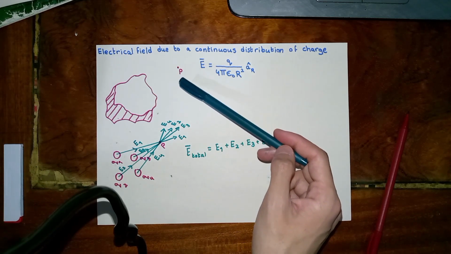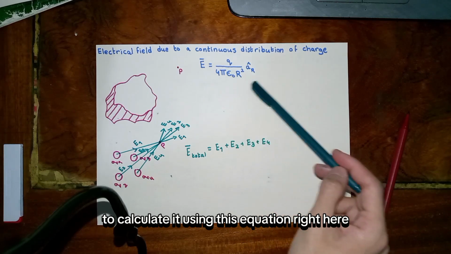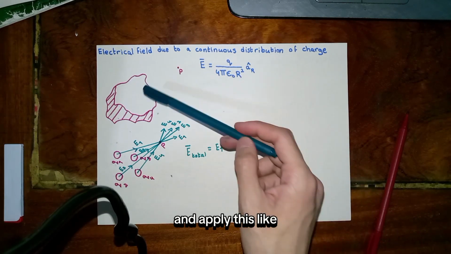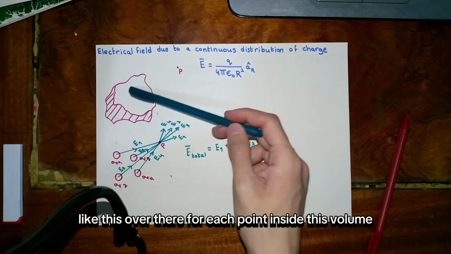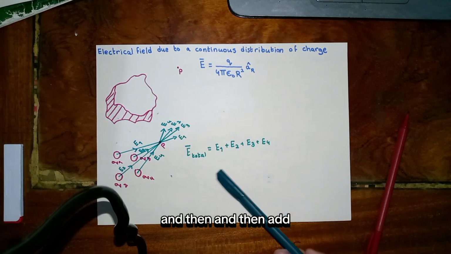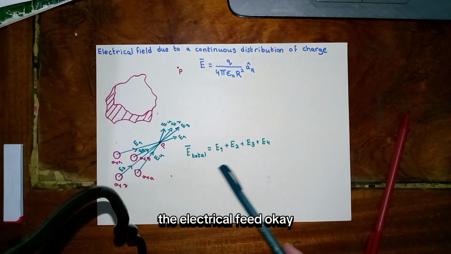You might tell me to calculate it using this equation right here, and apply it for each point inside this volume, and then add all of these contributions together to find the electrical field.